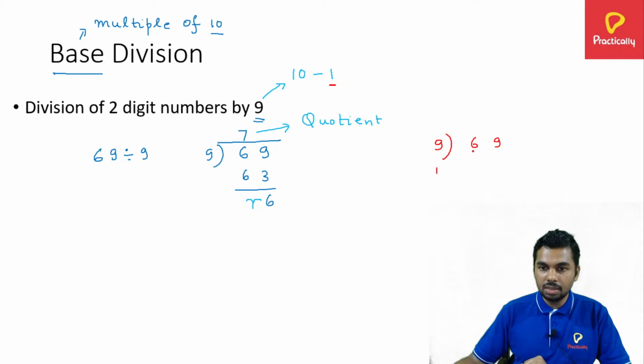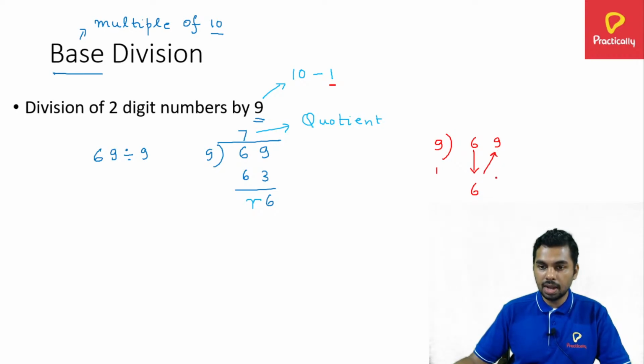Now here you directly copy the number below. It is going to be 6. Then you multiply 6 with 1. What is 6 times 1? The answer is 6. You add that to the number 9.